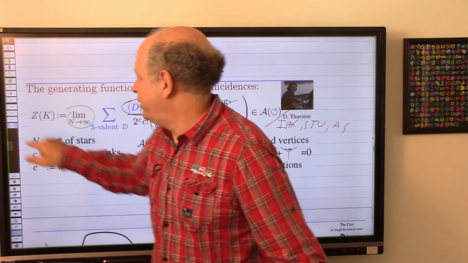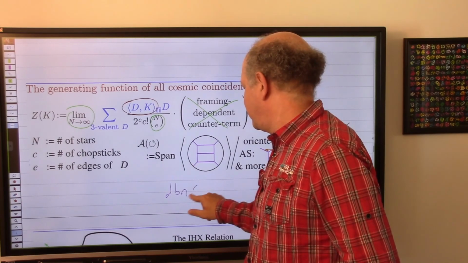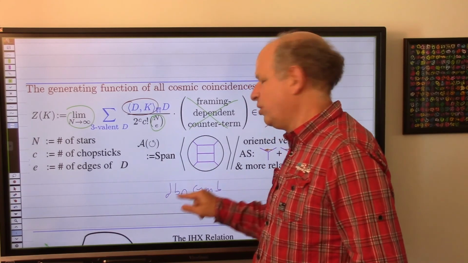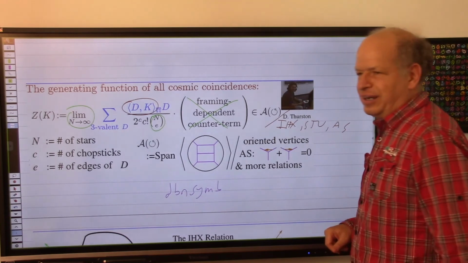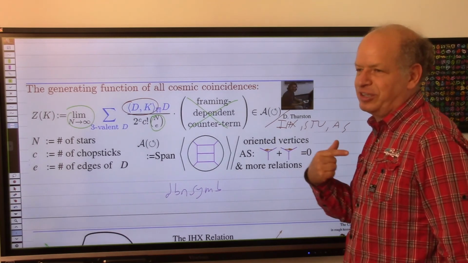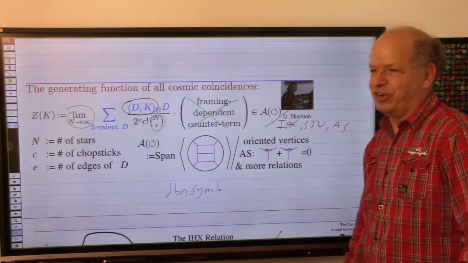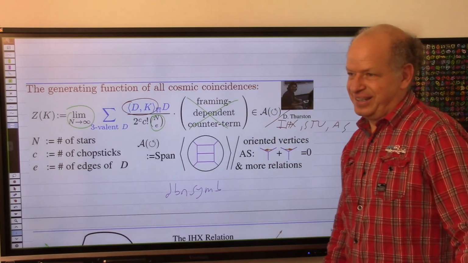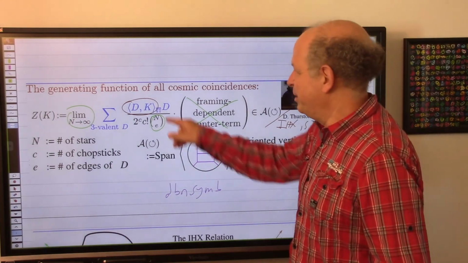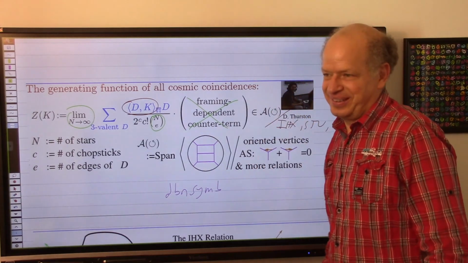So if you Google DBN Simb, I think that's how it's called, you'll find that I have a font that contains all the crazy symbols that only I need. And that's one of the symbols in that font, I think. Possibly this predates the font. I hope not. I hope I'm not lying to you.